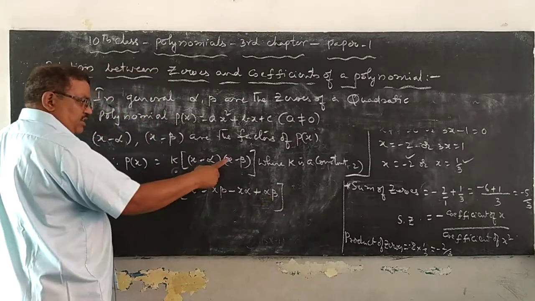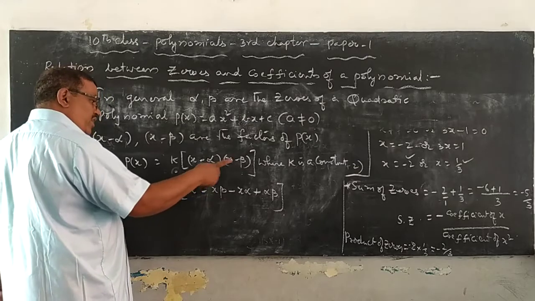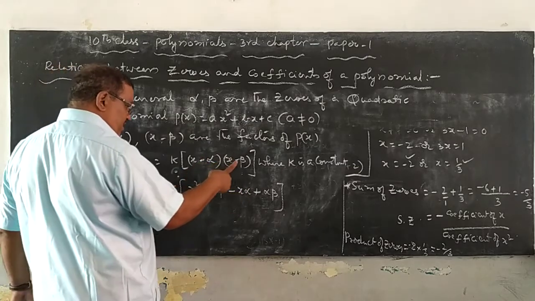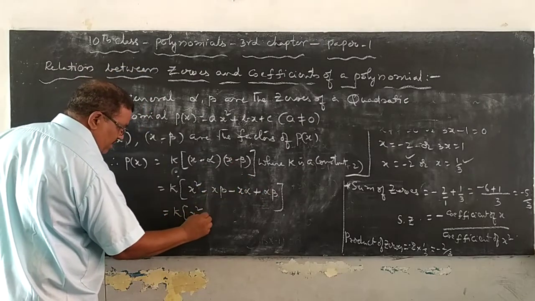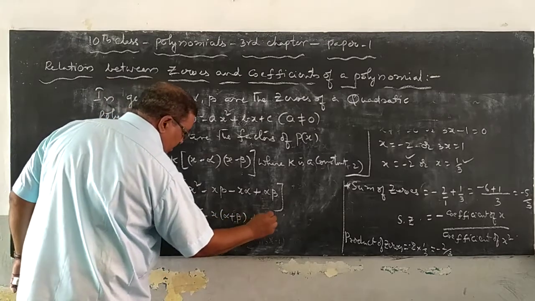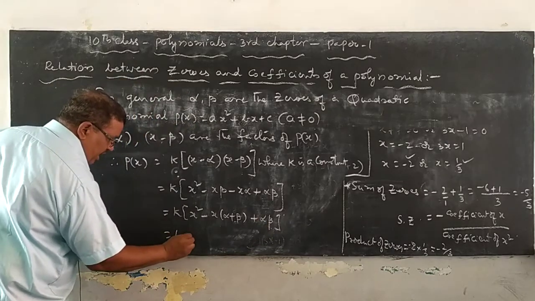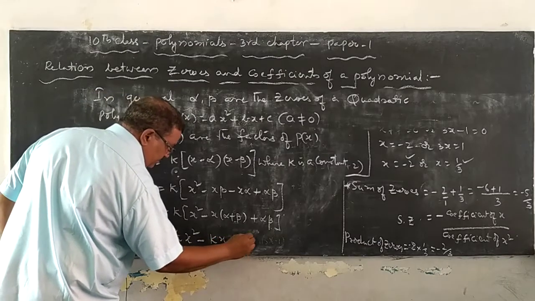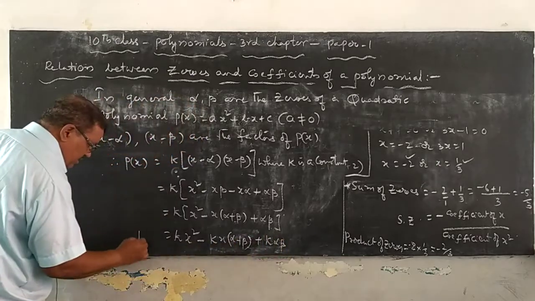Once again, x into x, x square, x into minus beta, minus x beta, minus alpha into x, minus alpha x or x alpha, minus alpha into minus beta plus alpha beta. k into x square minus x into alpha plus beta plus alpha beta. Multiply that with k, that is kx square minus kx into alpha plus beta plus k alpha beta. This is p of x.